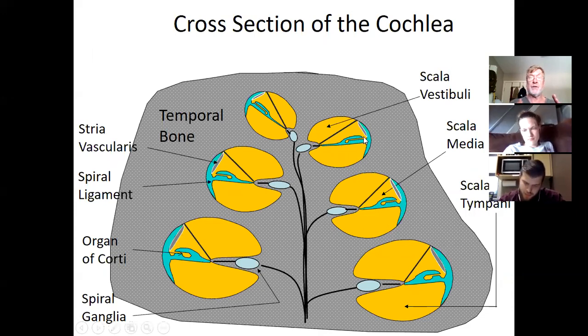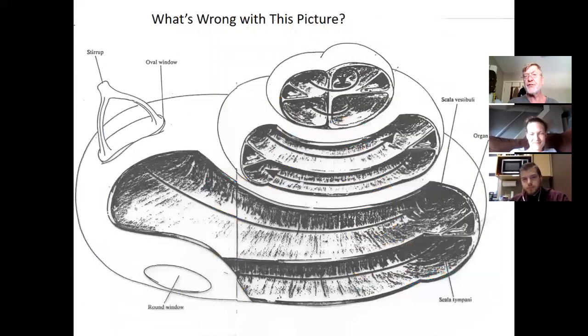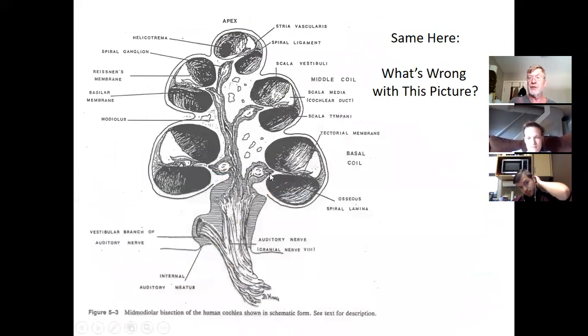So toward the skinny end of the cochlea, the membranous labyrinth actually gets wider and wider. It's backwards to the way you'd think it would go. So pictures like this are nice for illustration, but I ask what's wrong with this picture, and it's that these membranous labyrinths are not shown to get wider and wider as you're going to the skinny tip. Same here. Here's a cross-section of the cochlea.